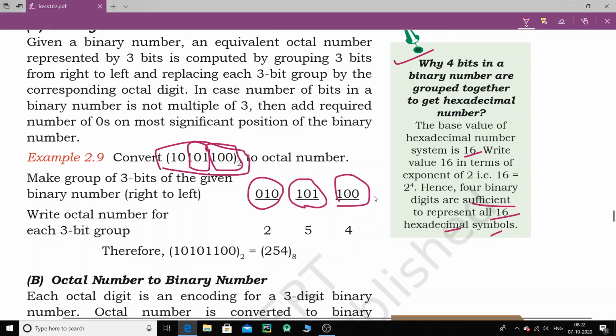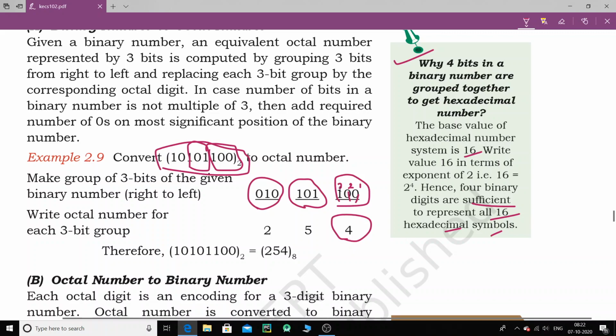And then we have to come, that is 100, that makes it 4. How does this make it 4? Because you can easily say this is 2 raised to 0, 2 raised to 1, and 2 raised to 2. Forget the 0, just take the 1, the bits that are on.